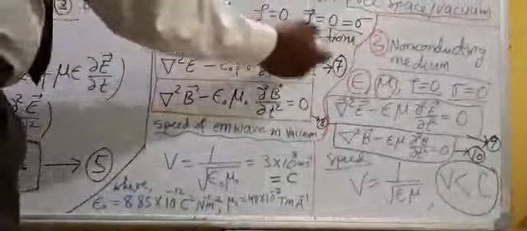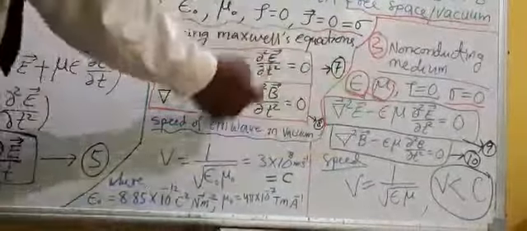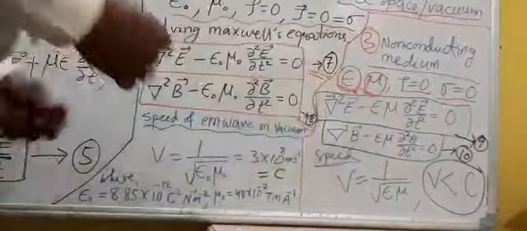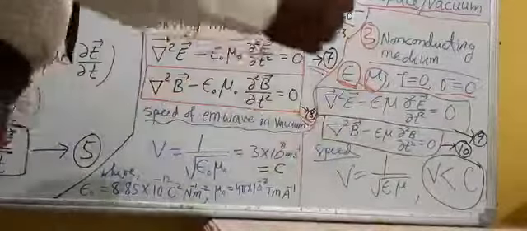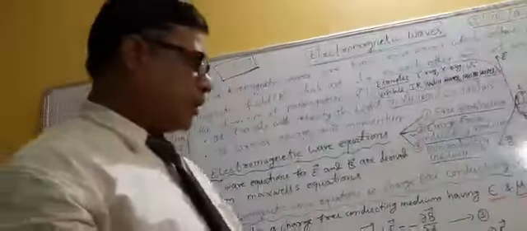Both have the same conditions, with only epsilon and mu changed. So you rewrite equations 7 and 8, the same equations as for a non-conducting medium, changing only epsilon and mu. These are equations 9 and 10. So by solving only case 2, you can get case 1 and case 3.